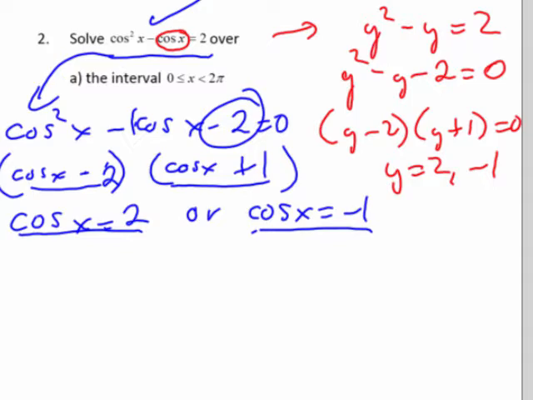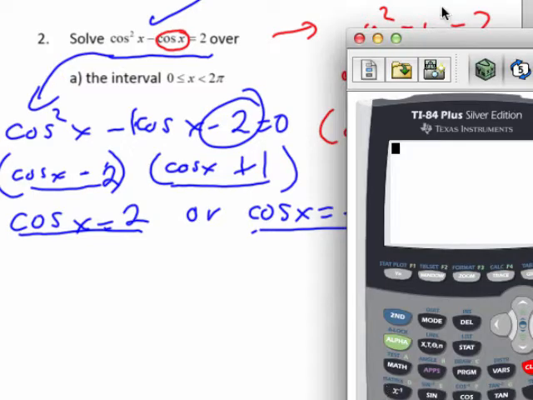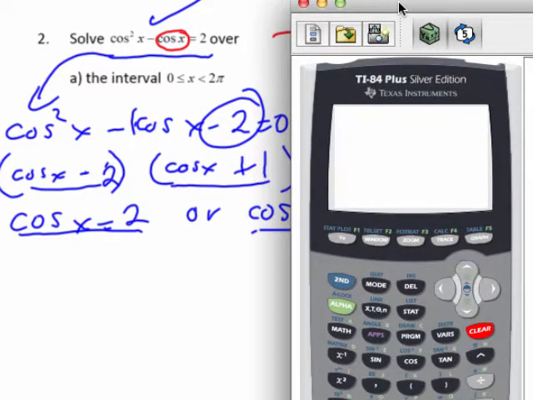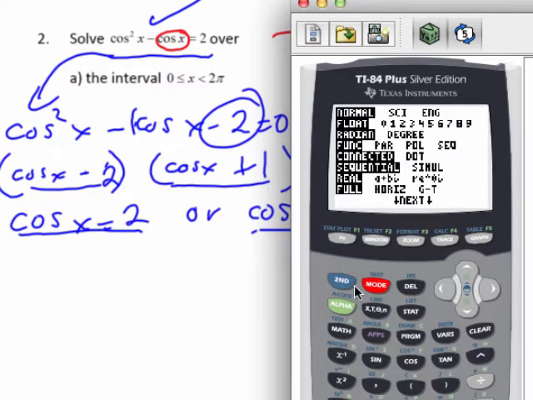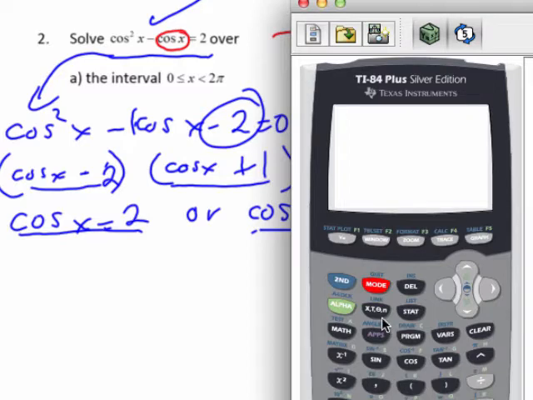So where is the cosine of x 2? Okay, a couple of ways you can make a decision on that. First of all, we are in radian mode because 0 to 2 pi. So be sure you're in radian mode, which we are. And inverse, because we're finding an angle of 2. And it says error.